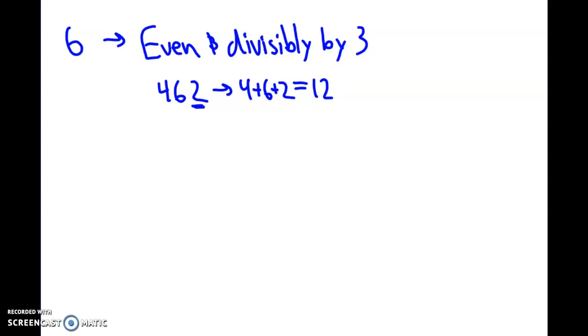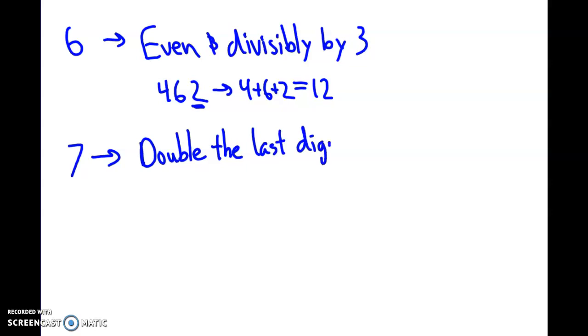All right, now, are you ready to have your mind be blown by this one? Okay, 7 has a really weird rule, but it totally works. So what you have to do is double the last digit and subtract it from the rest.